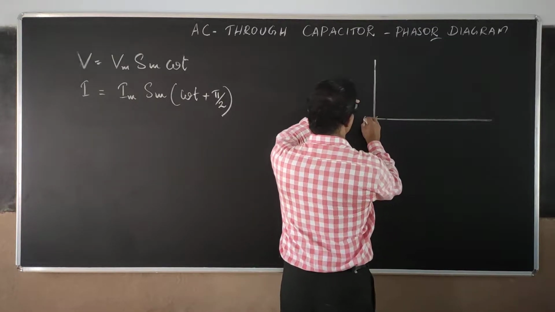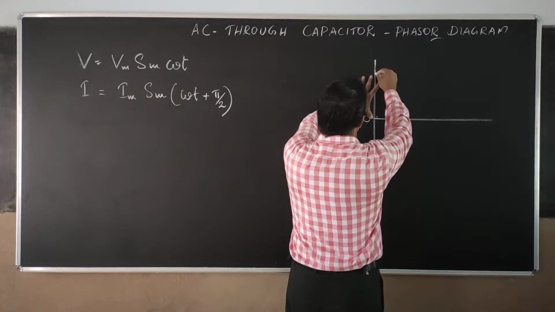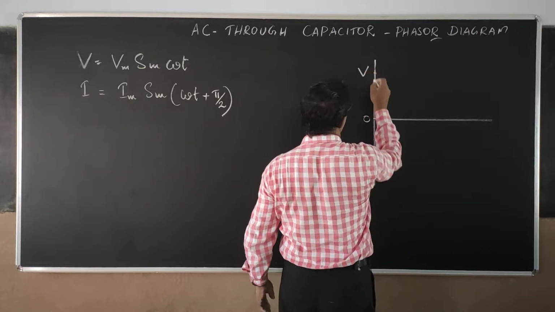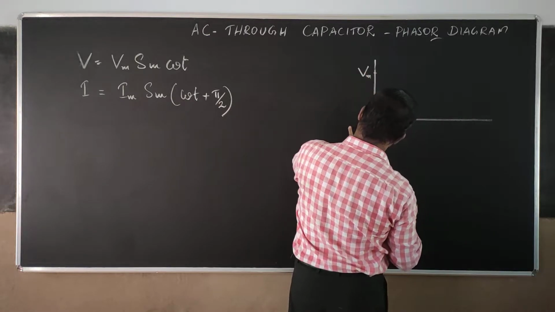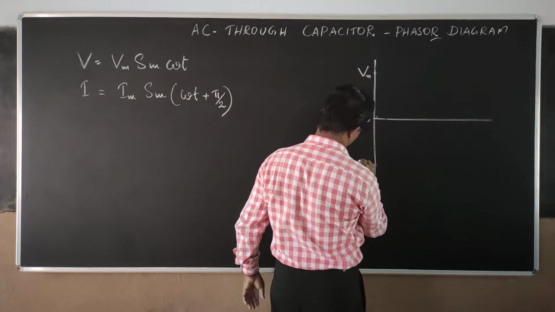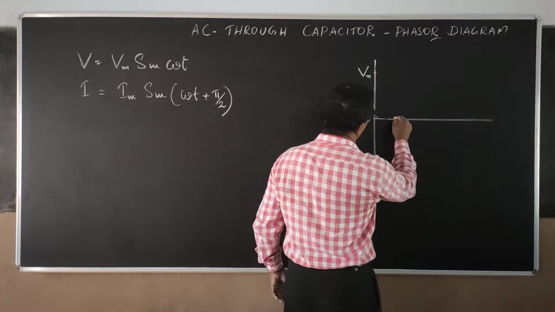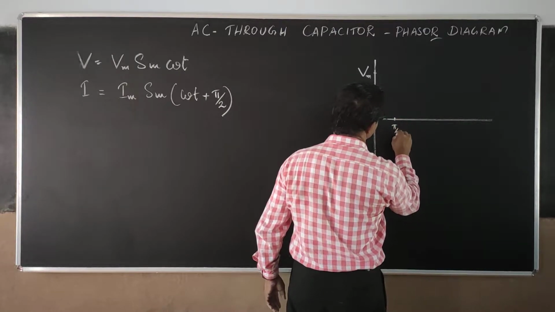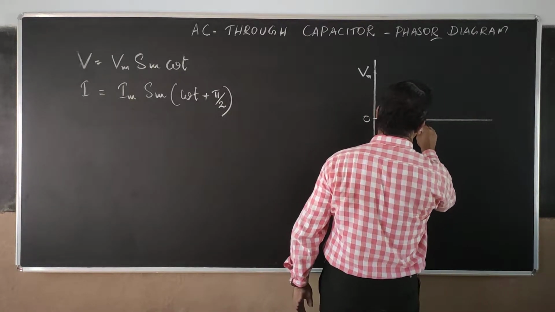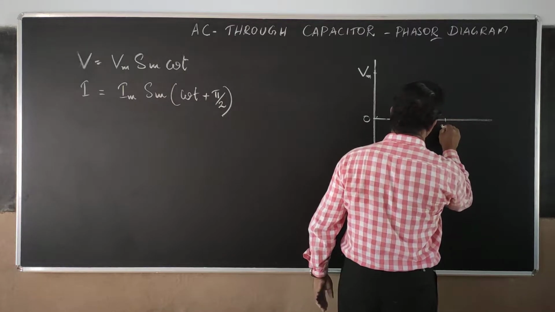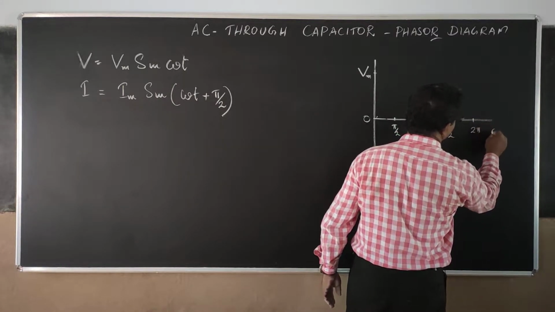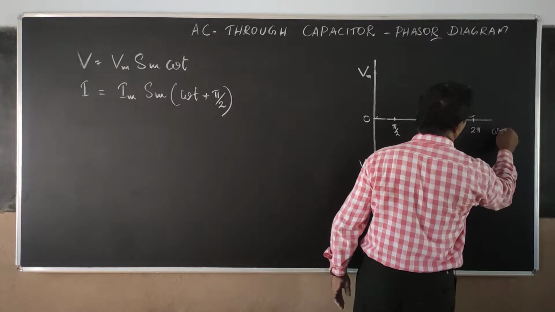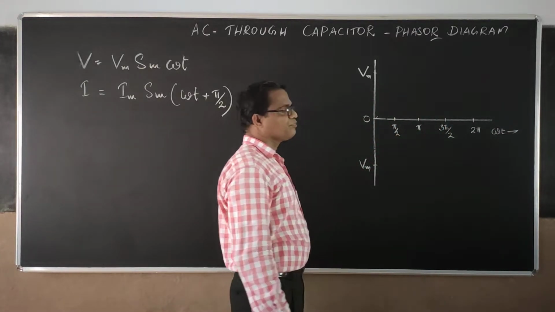So voltage, let me take that voltage to be this much, Vm, and the same Vm over here, and pi by 2, this is pi, this is 3 pi by 2, and this is 2 pi. Those are omega t around this way.